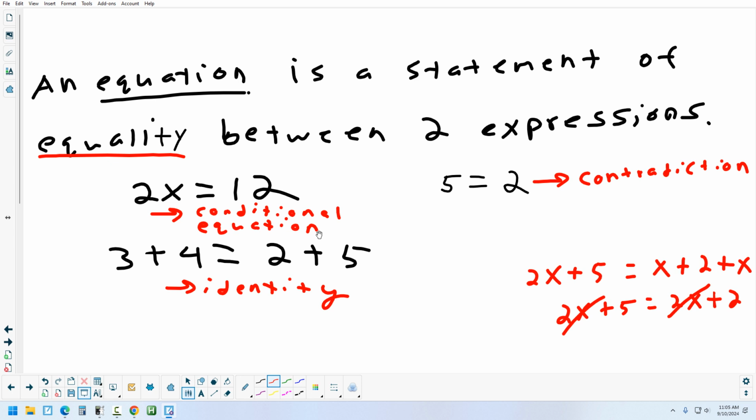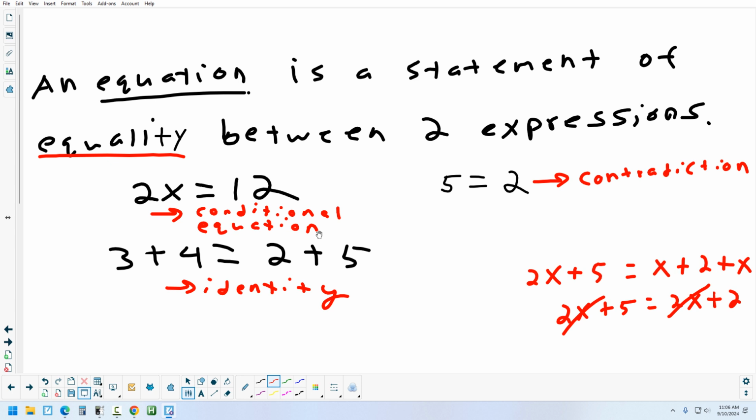It's an equation that could be true if you pick the right value for x. So in this case, what would the value of x be that would make it true? Yep. 6. It would be 6. Okay, so conditional equation, identity, contradiction, all just different types of equations.